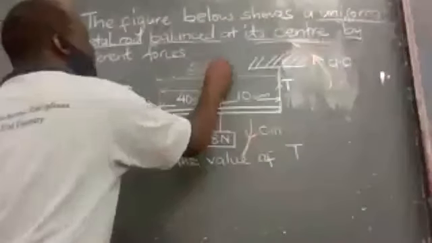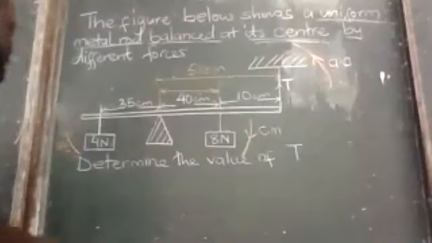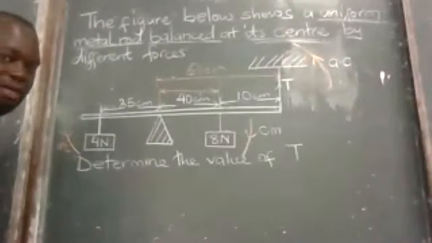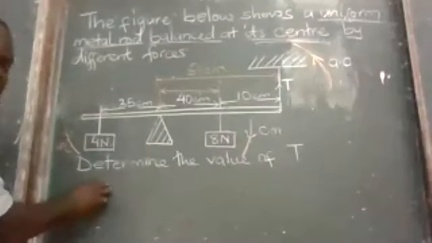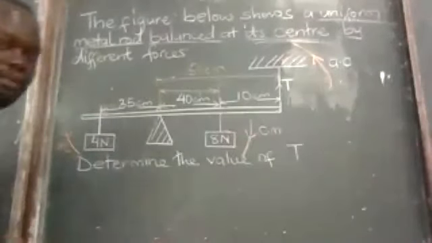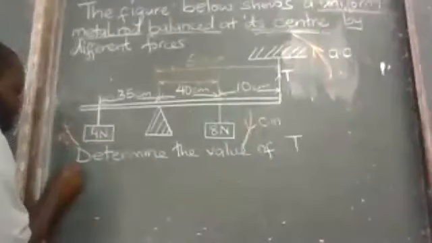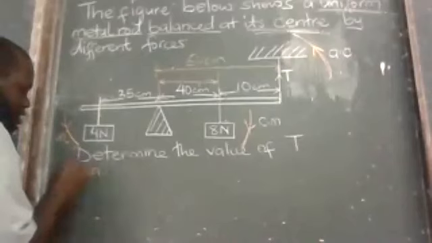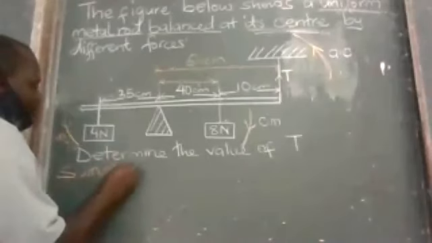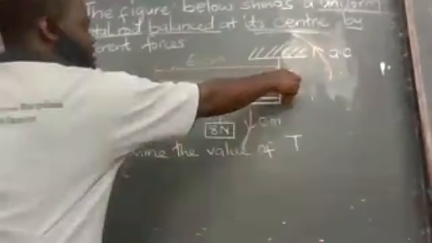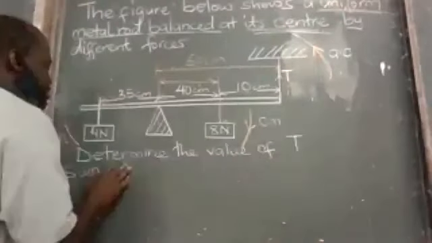Now, after identifying that, you can go and apply the condition. I believe we can see this part of the board. Yes. Okay, so we shall write that statement, which can award you a mark on a good day. The unknown is anti-clockwise, so we'll start with the anti-clockwise.